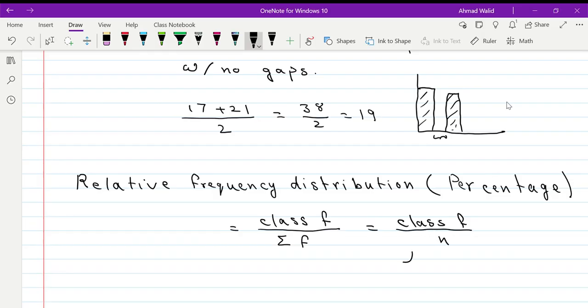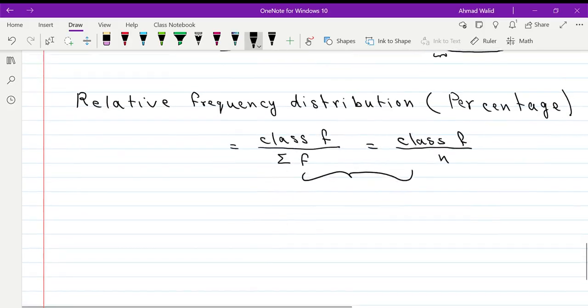Both formulas have the same meaning. When you do this, you can find the frequency of your class in percentage, which we call relative frequency.